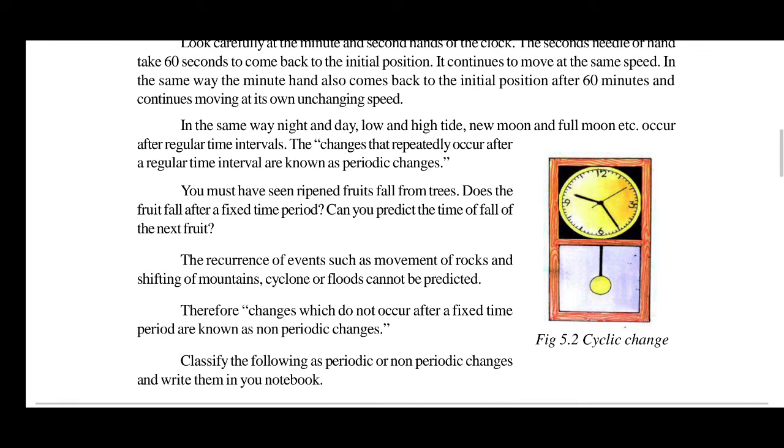All of these are changes that occur after regular time intervals. The changes that repeatedly occur after a regular time interval are known as periodic or cyclic changes. There is no change in substance, but it keeps repeating and coming back to its original form.